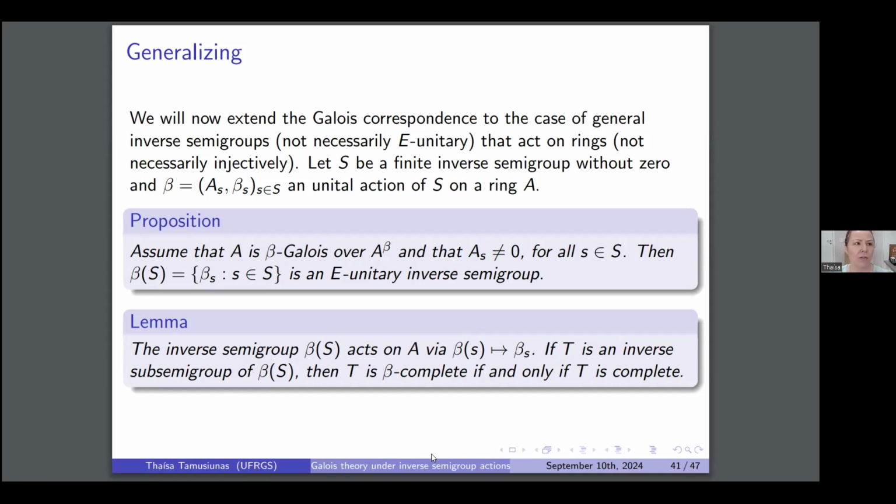But it also works for algebras of inverse semigroupoids as well, or inverse categories. But I don't have any idea what a Galois extension would be in that context.